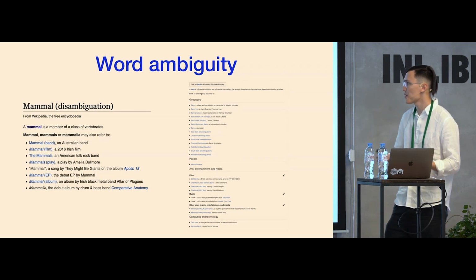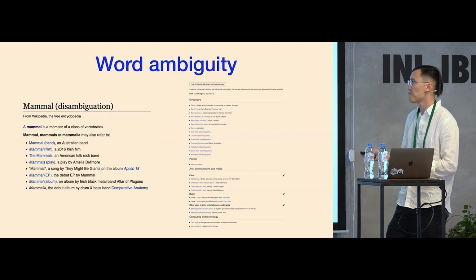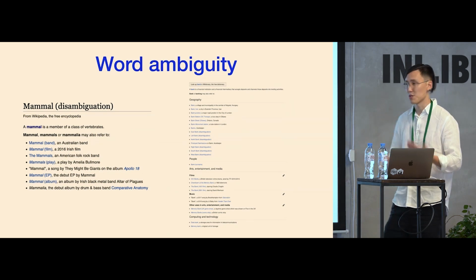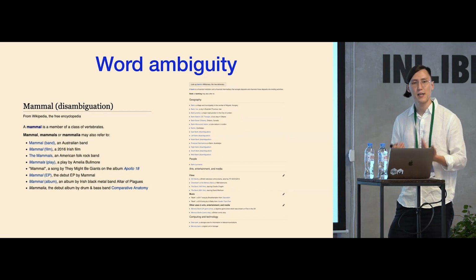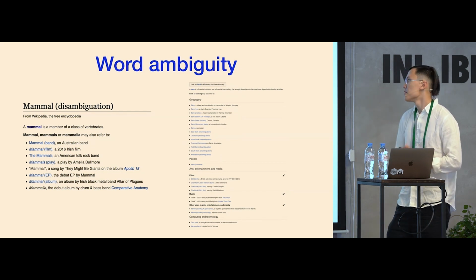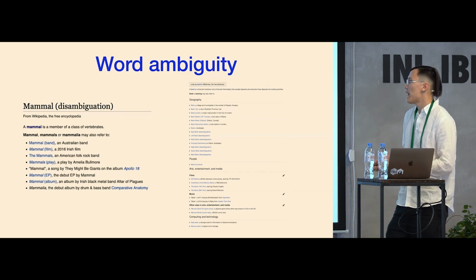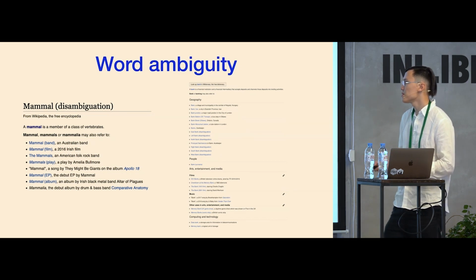If they think that these words have more than one significant meaning, they will create a special web page and list the most important meanings. And you can see that even for mammal, which is to me a fairly simple word, apparently there is a mammal rock band, there is a film called Mammals, there is the Mammals, another band. Basically, we can get confused.